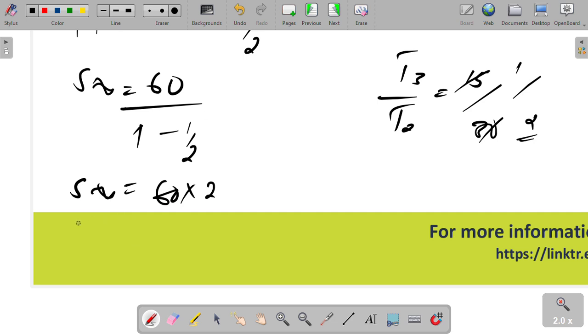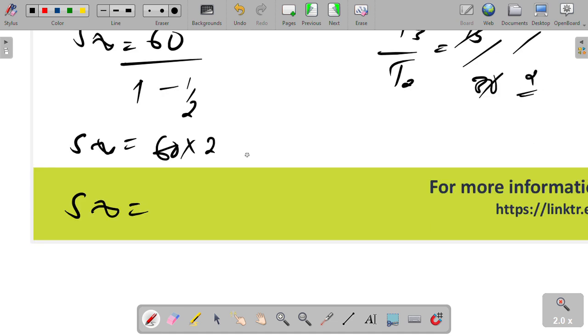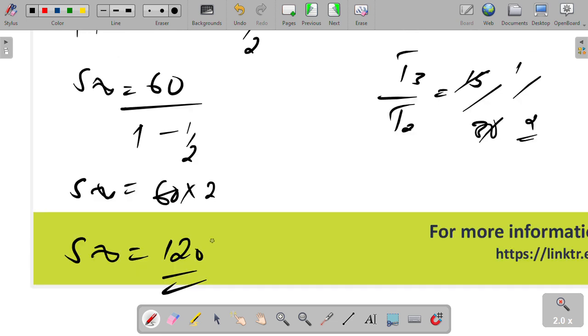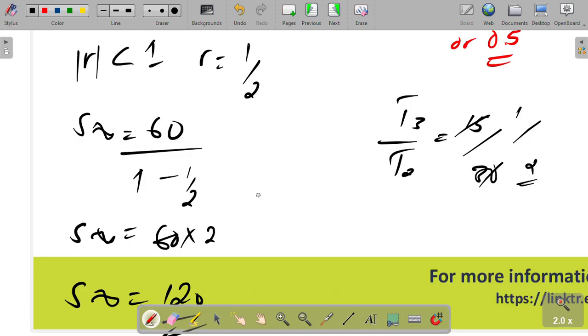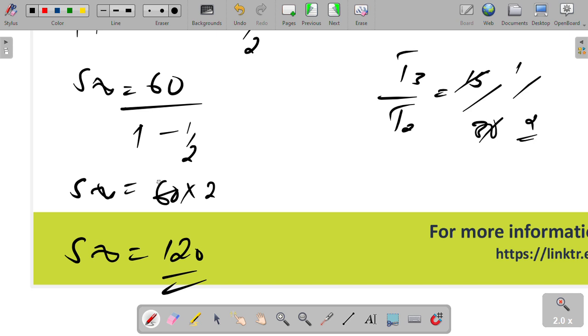Sorry for that. So we write 60 times 2, 120. This is how you go about calculating this. Remember that dividing by 1 over 2 means multiplying by 2. Dividing by 1 over 2 means multiplying by 2. So here, this one is also written as 1 over 2.